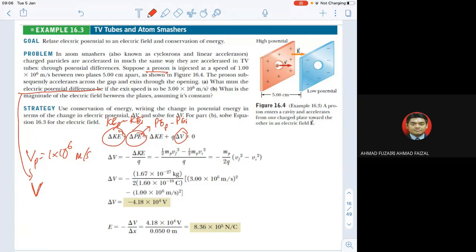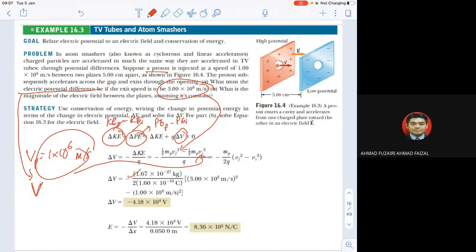And for delta KE, we can use that value. Final is 3 times 10 to the power of 6, so we can use this value inside this part, and we can use the initial one here. The mass of the proton you can refer to the appendix, which in this case is given to you: 1.6 times 10 to the power of negative 27 kilogram.